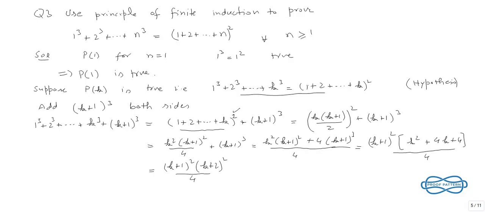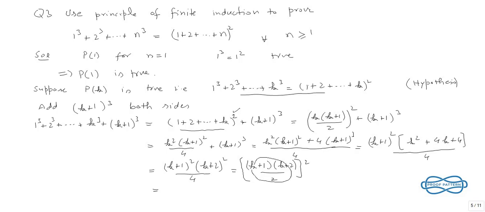Alright, and that can be written as (k plus 1 into k plus 2 over 2) whole square, and this inner part is actually the sum of the first k plus 1 integers.